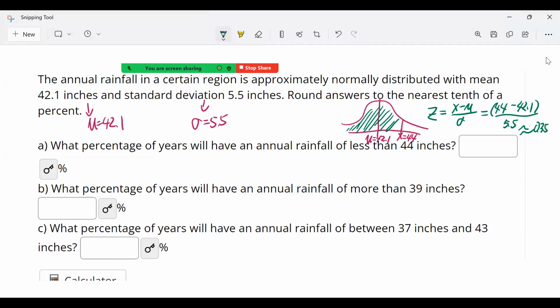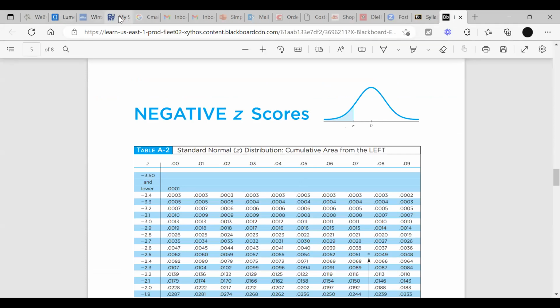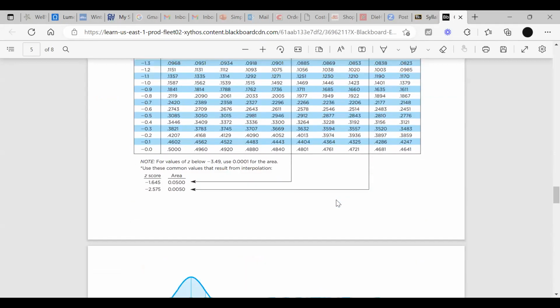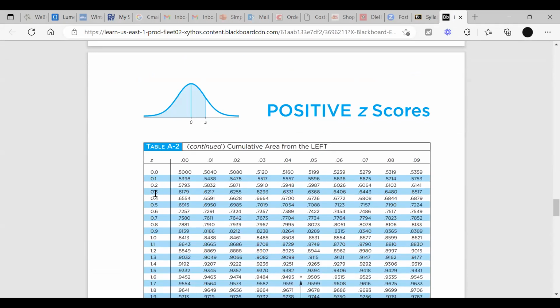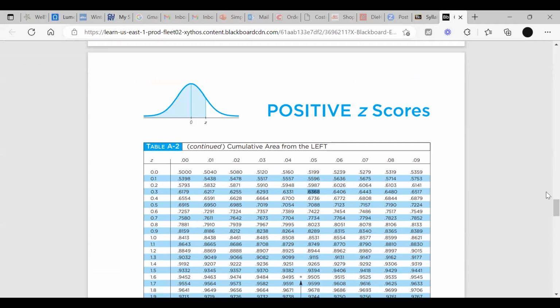One more time, we go to Table A2, and whatever we see from Table A2 is the answer we're looking for. Go to 0.35, on the second page of Table A2, and that's 0.6368.